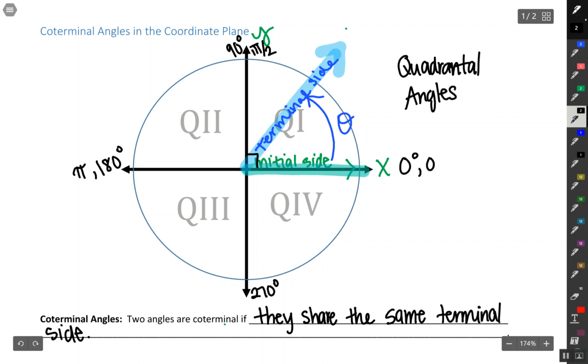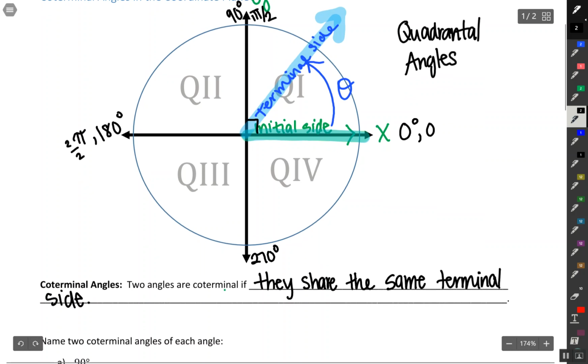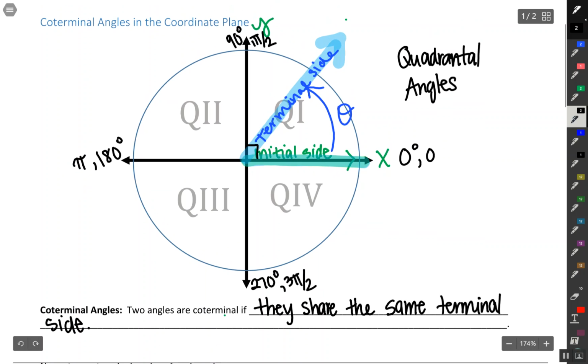So this is 1 pi over 2, this is 2 pi over 2, which is just pi, and then this is 3 pi over 2. Then if you go all the way around the whole circle, you're back around at 360 degrees, which is equivalent to 2 pi.